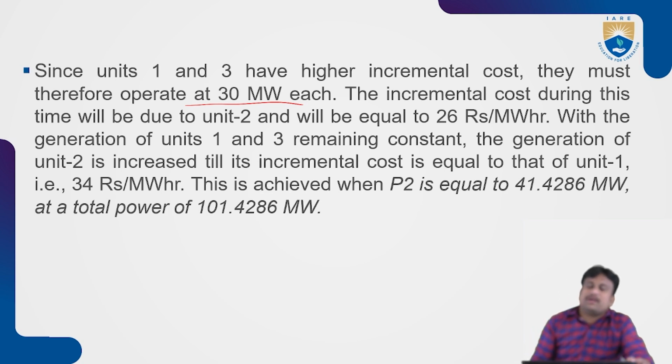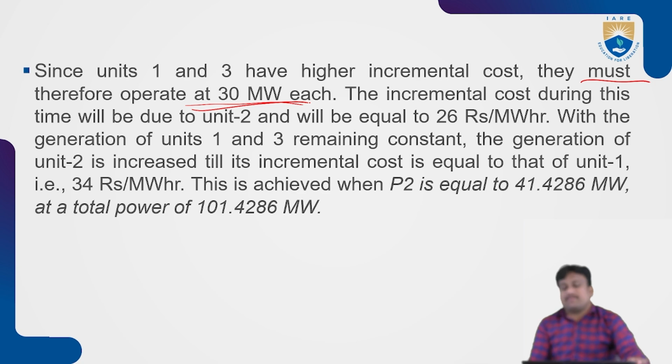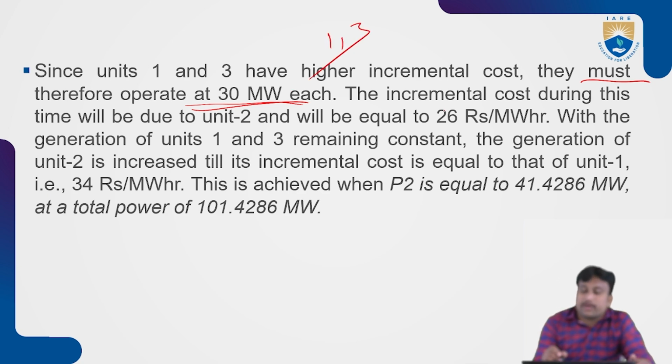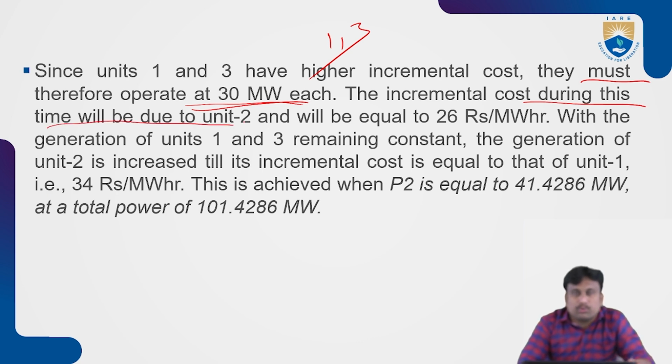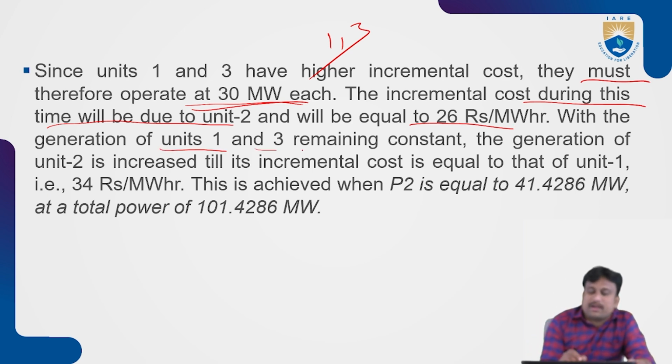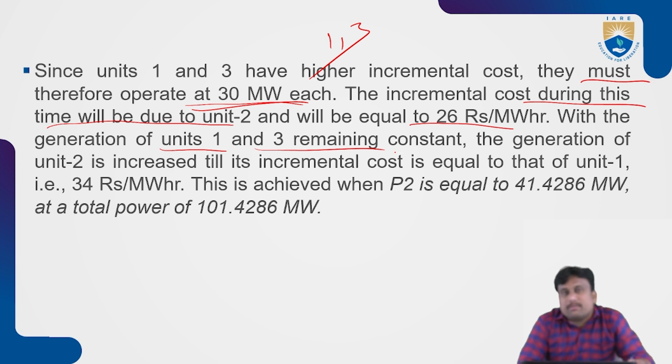So the incremental cost during this time will be due to unit 2 and will equal 26 rupees per megawatt hour, with the generation of units 1 and 3 remaining constant.